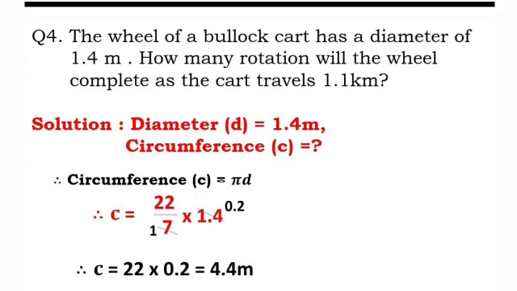So when diameter is given, to find out circumference, the formula is circumference is equal to pi d. Therefore, circumference is equal to 22 upon 7 into 1.4. So after cancellation, the circumference is 22 into 0.2, which is equal to 4.4 meter.